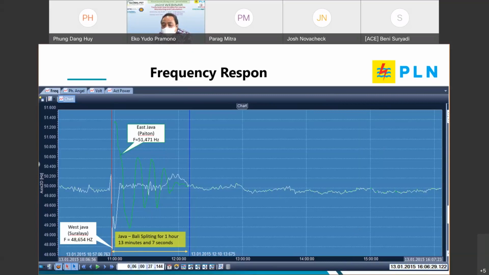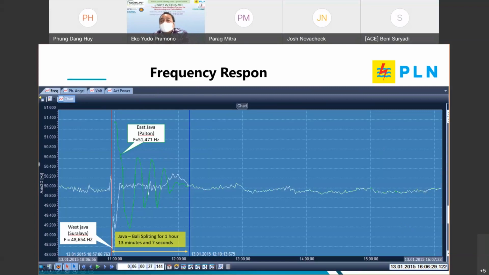The green line is the East Java frequency, because East Java was transferring 2000 megawatt and lost load of 2000 megawatt also, and the frequency increased until 51.4 hertz, and then became stable again.